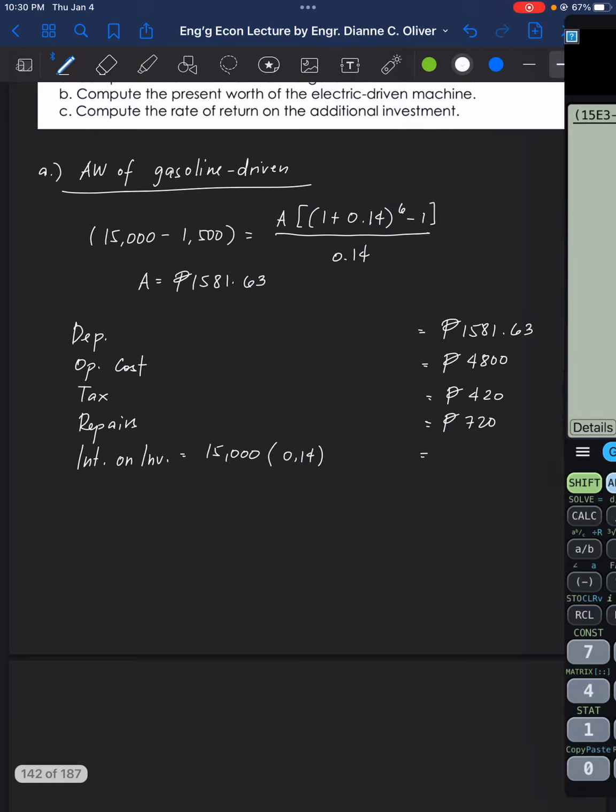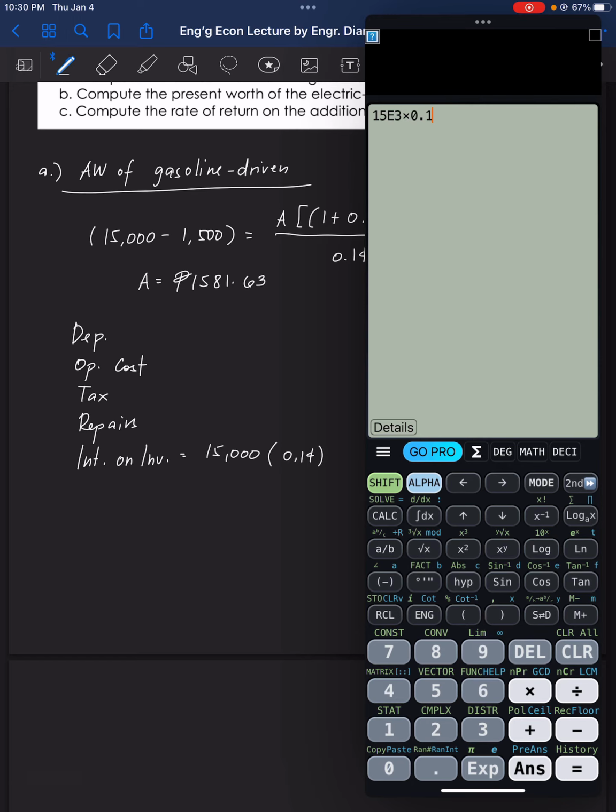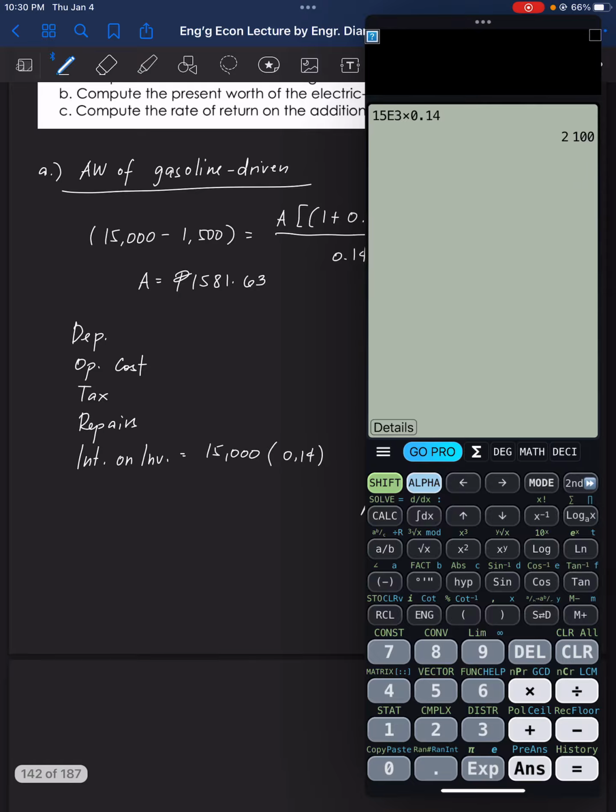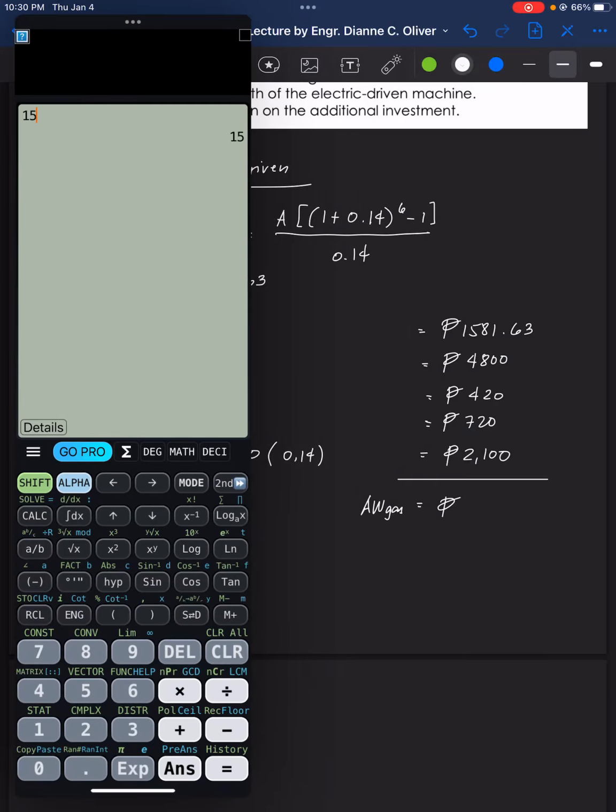That is equal to 2,100. So what is now the annual worth of gasoline-driven machine? 1,581.63 plus 4,800 plus 420 plus 720 plus 2,100.